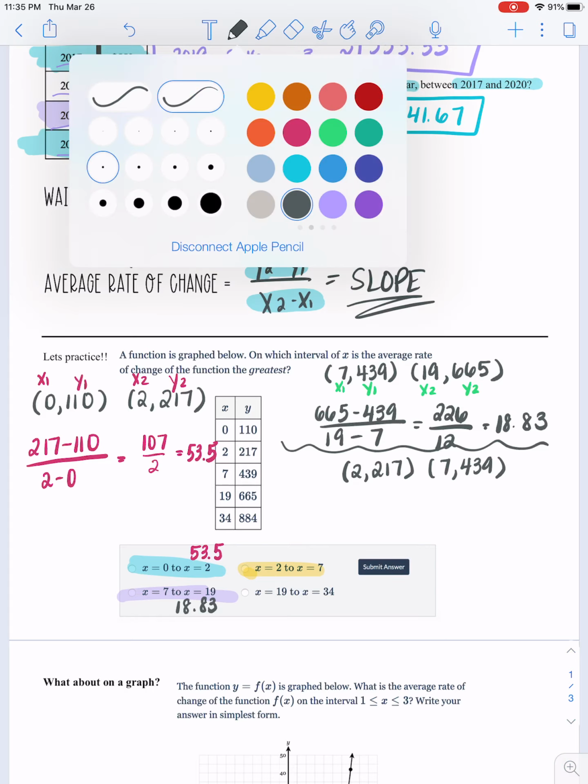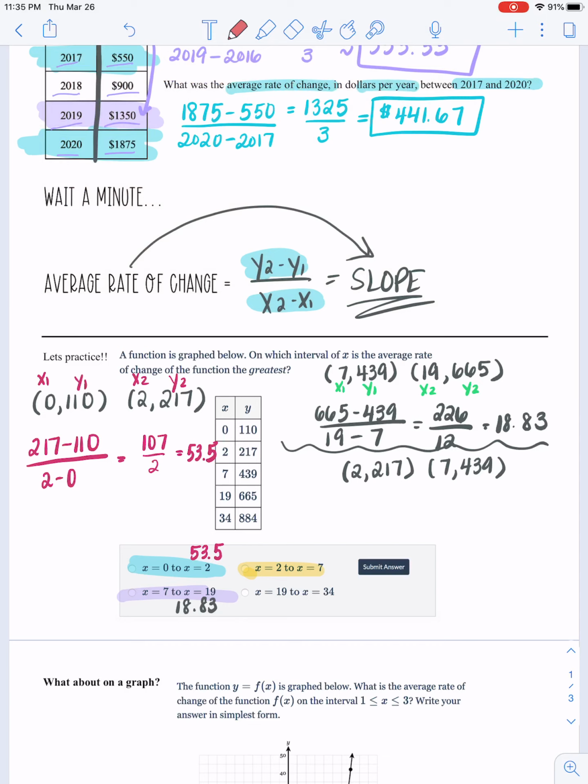Again, our first step should be to label our points. This is x1, y1. This is x2, y2. So now I'm just going to use these points, plug it into my slope formula. y2 minus y1 over x2 minus x1.